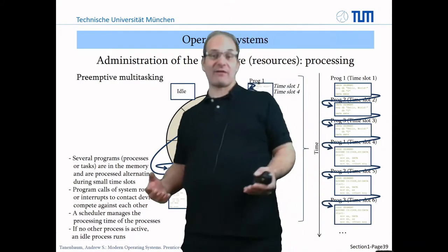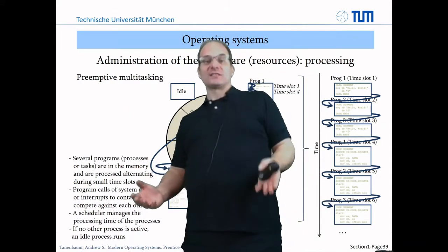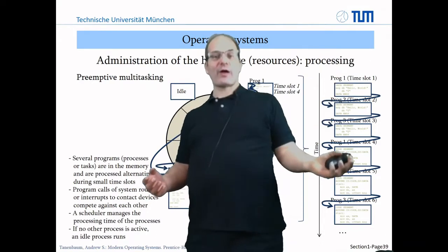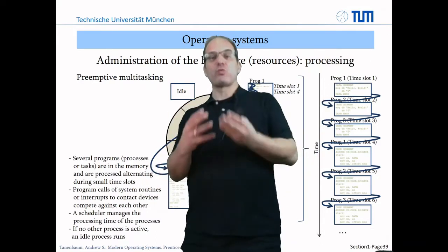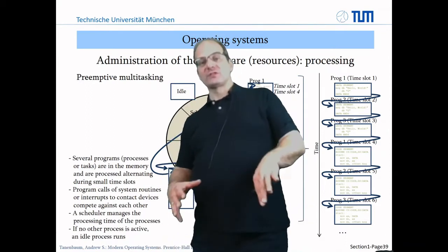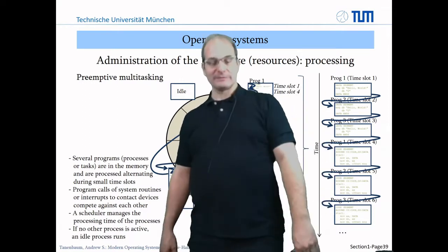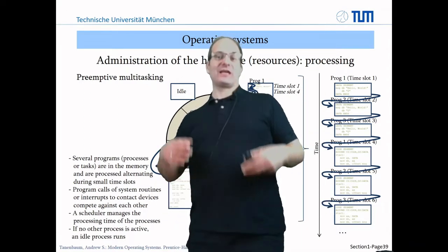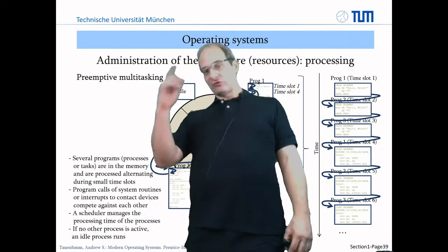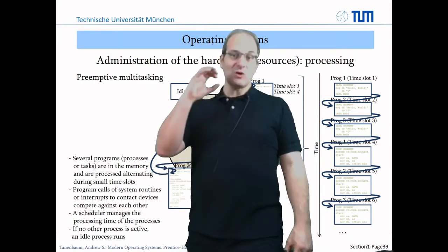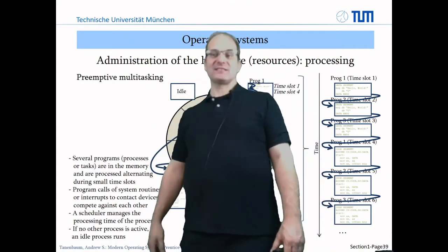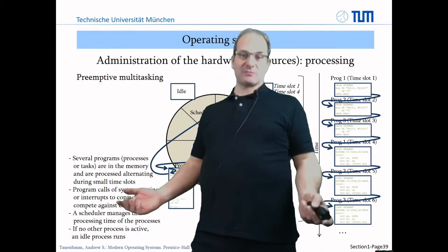You can have something like a prioritization, so that you take first of all tasks which are high priority, where, for example, users wait on interaction, and you reduce processes which run in the background. So you can have a prioritization mechanism, or you can have a real round robin with fair, completely equally valued processes. So there are different mechanisms.